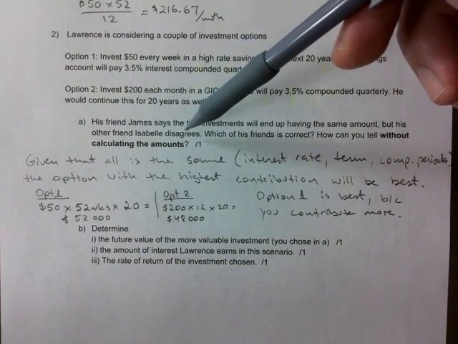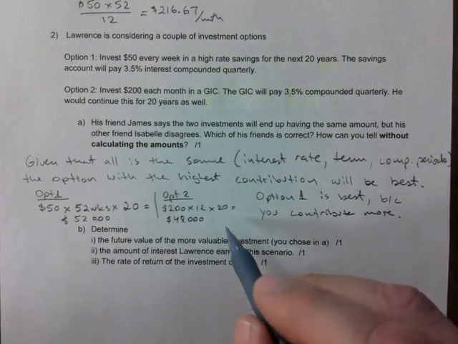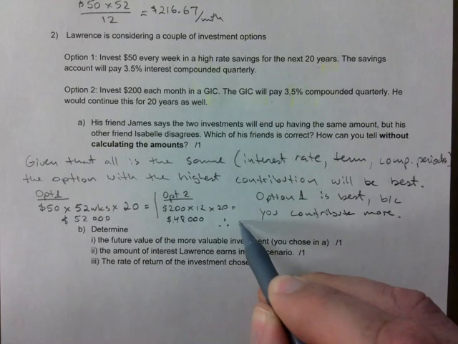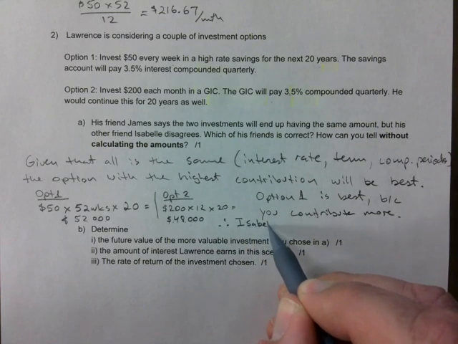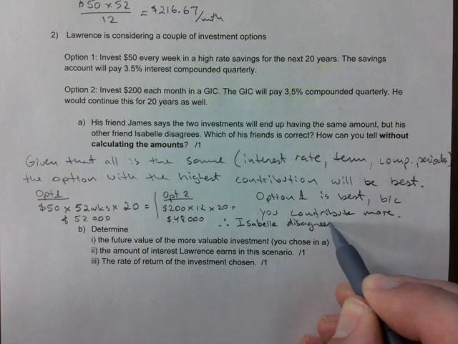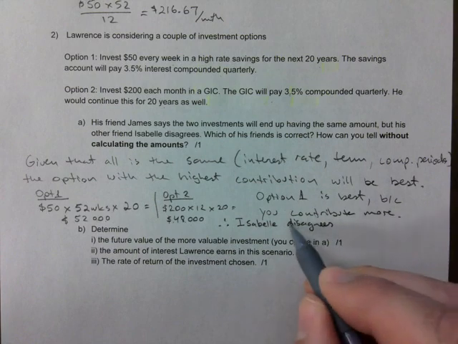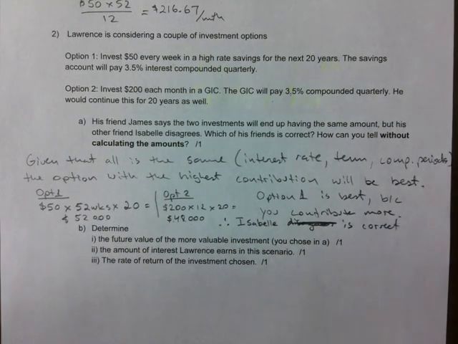So Isabel disagrees. So Isabel is correct. Answer that question, Mr. Dixon. Therefore, oh, so what was your reasoning? Isabel is correct. Okay. So you said that, so you disagreed? Oh, you agreed with James.